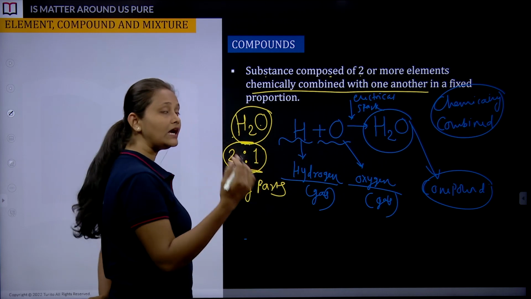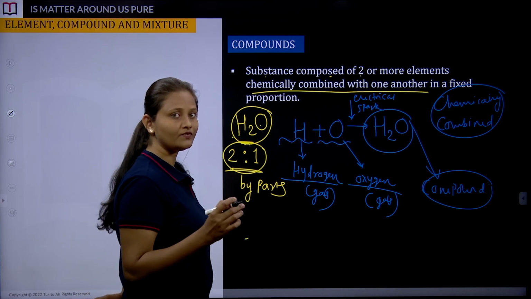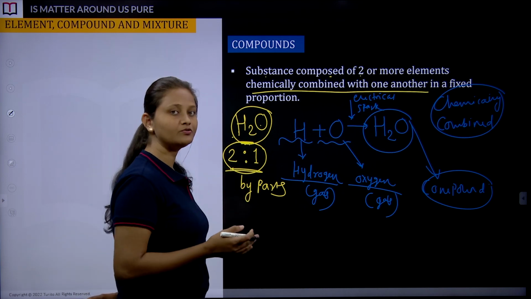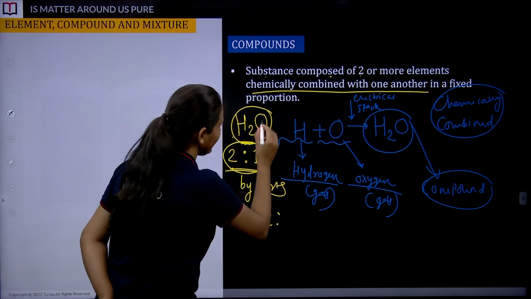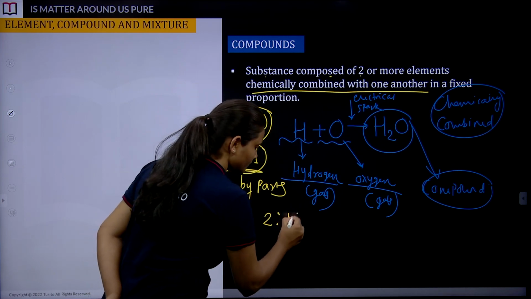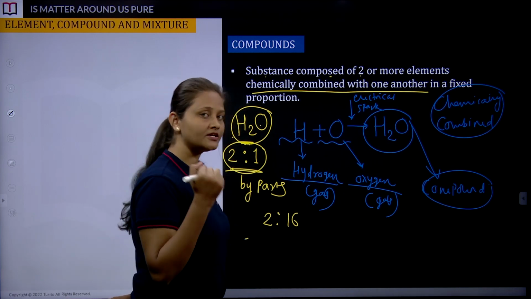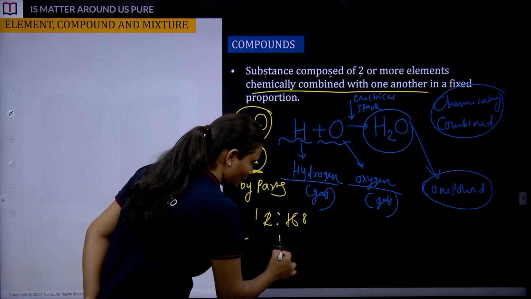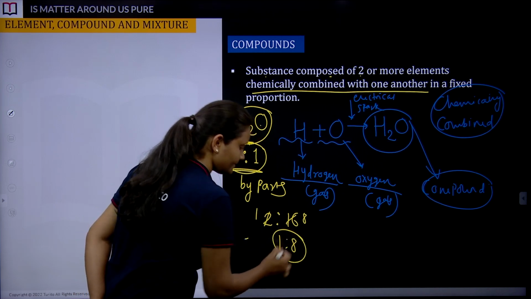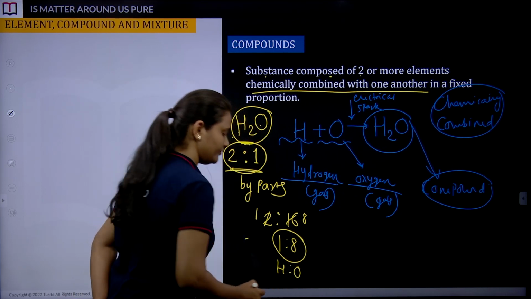Let's try to understand the other ratio, by mass. Hydrogen 2 is to how many oxygen atoms? 1, so 2 is to 16. We need to find the simplest ratio, which is 1 is to 8, right? 1 is to 8 of hydrogen and oxygen.